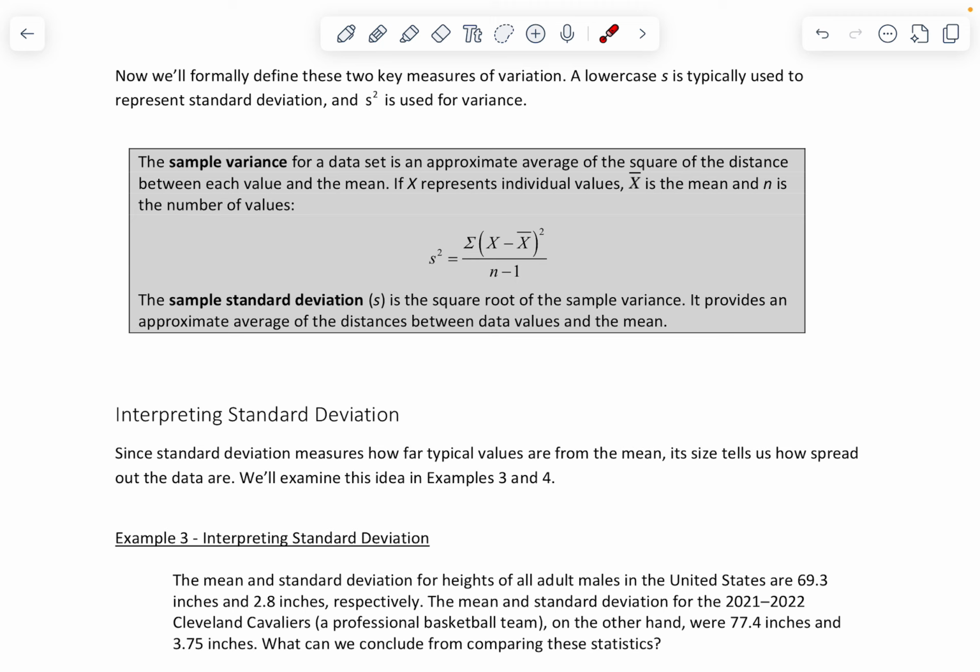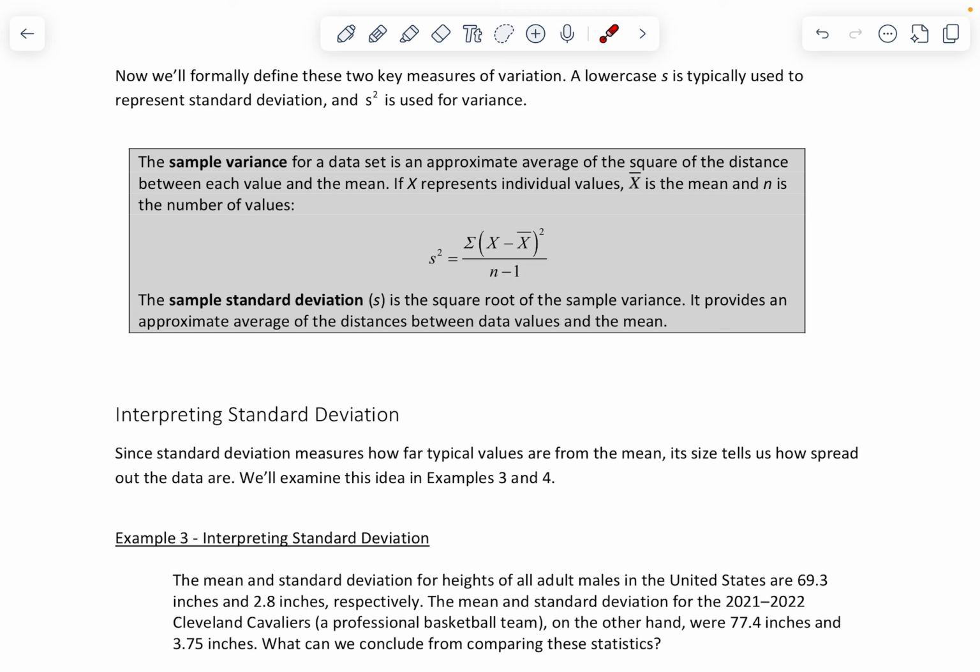So the sum, and then here it says x minus x bar squared, right? So it's literally saying take the sum of the squared deviations away from the mean and divide by n minus 1, the number of data values minus 1.